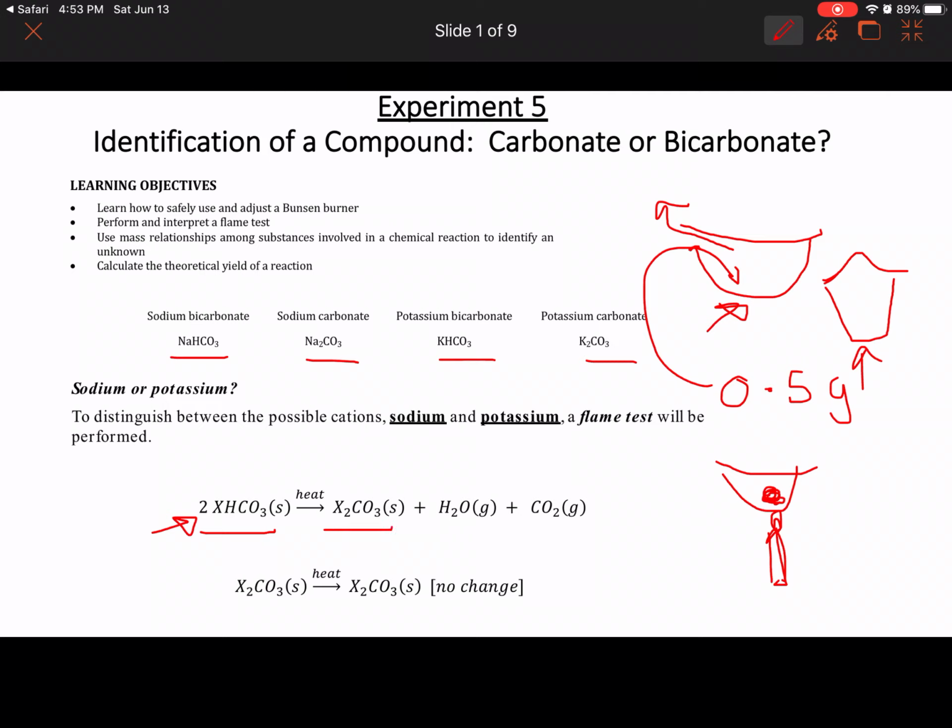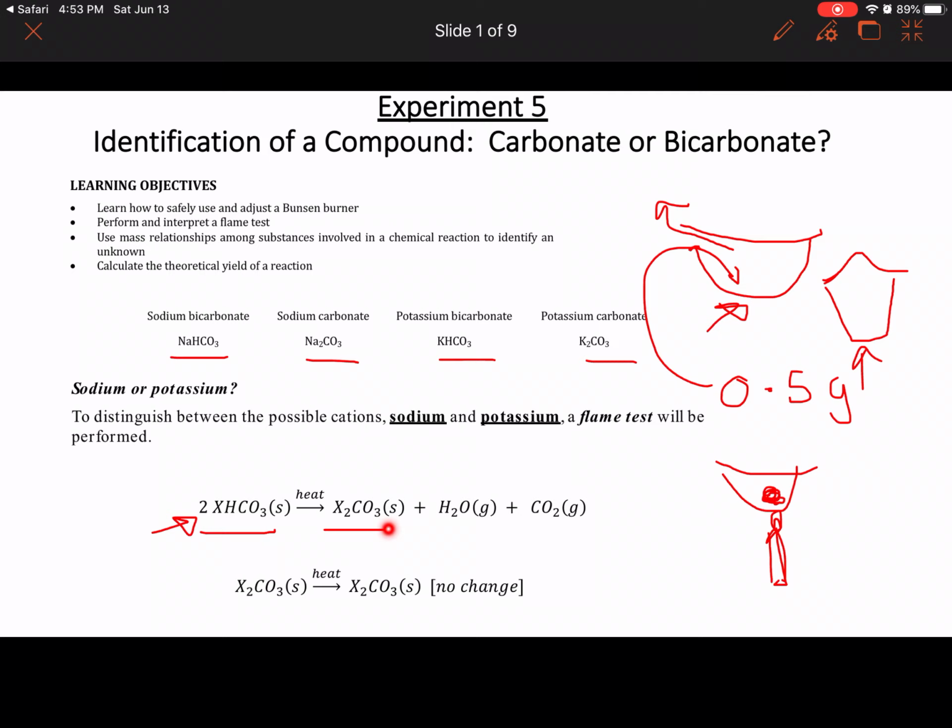Because if you started with the bicarbonate, when you heat it, it decomposes to give you metal carbonate, water and carbon dioxide. Okay, let's say you started with a carbonate. Initially, it could be sodium carbonate or potassium carbonate. Now you can see if you had a hydrogen carbonate, what you are left with is a metal carbonate, meaning that no matter how long you're going to be heating, metal carbonates will not decompose further.